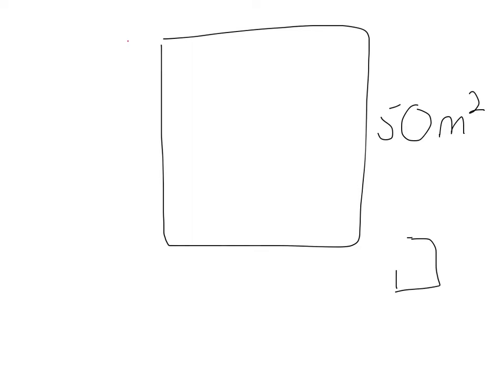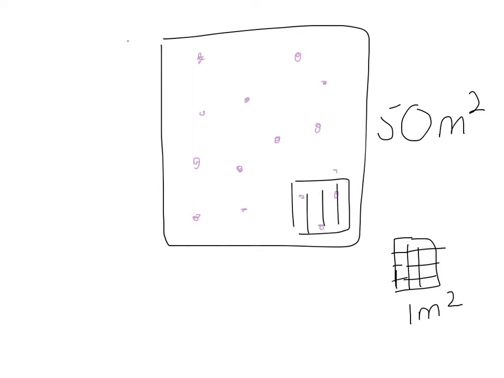Now, if you've got an area of field, for example, that is 50 metres squared, and you have a quadrat, your grid, that is 1 metre squared, you can use this to work out the population of a plant such as a daisy. So if your quadrat was placed in this area, you can safely count that there are 3 daisies in your quadrat.